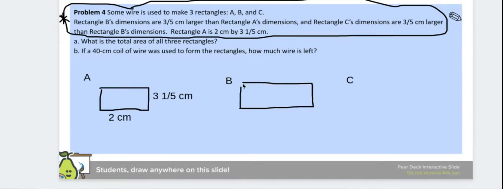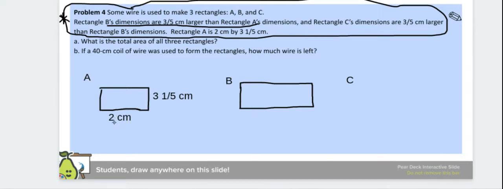So we know that rectangle B's dimensions are 3/5 larger than rectangle A's. So that means rectangle B's length is 3/5 larger than rectangle A's.